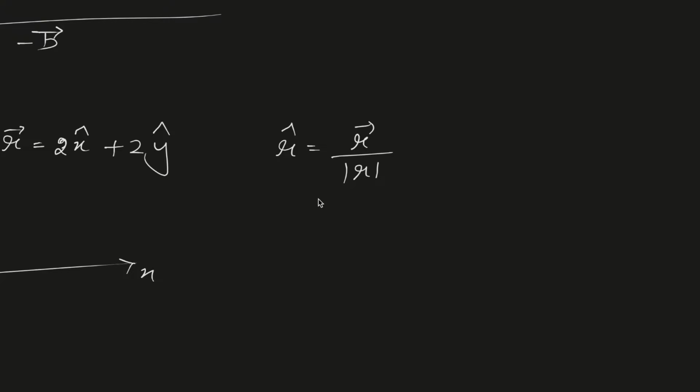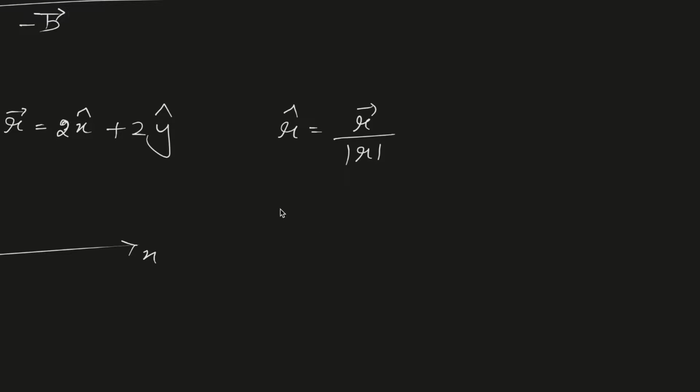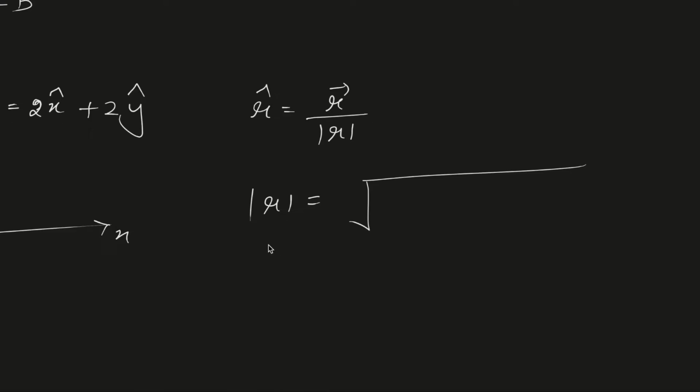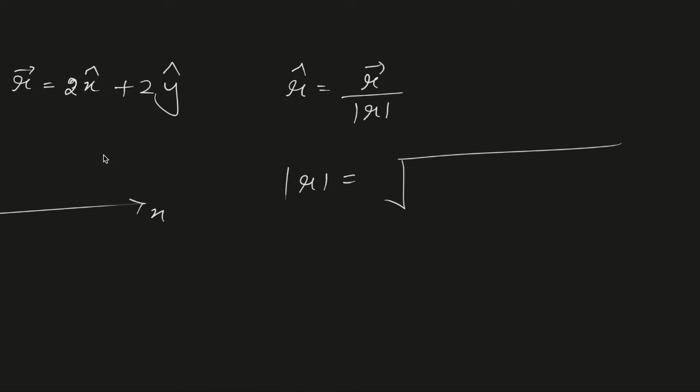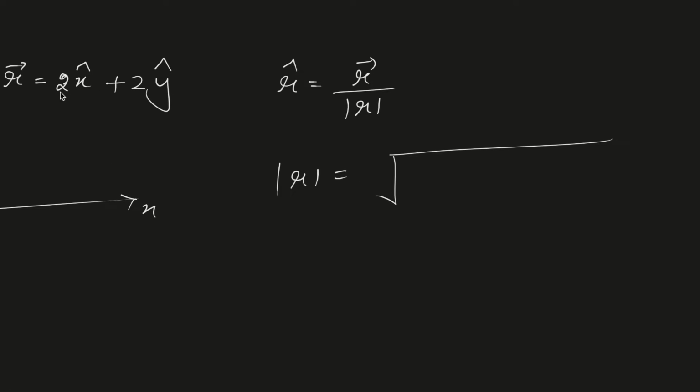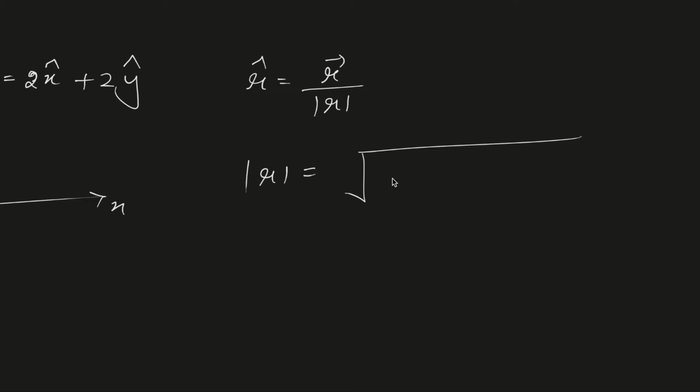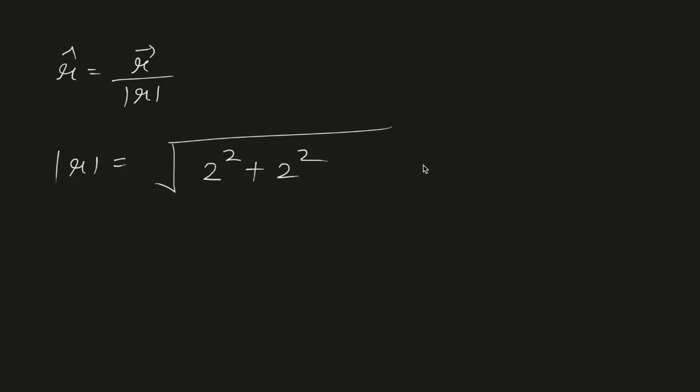And how are we going to find the magnitude? Simply, the magnitude is the coefficient of the x unit vector, which is 2, squared, plus the y vector coefficient, which is 2, squared, and then you get the answer 8.